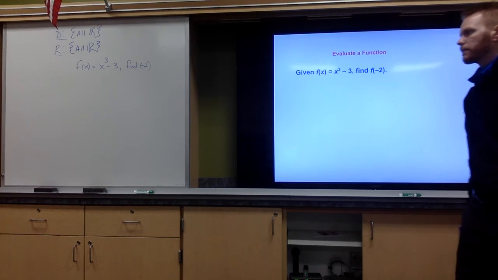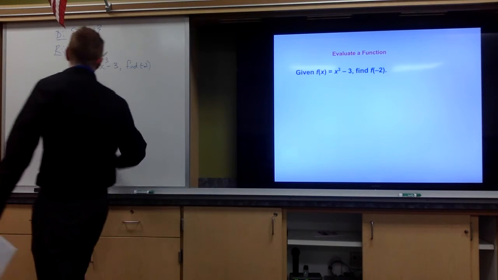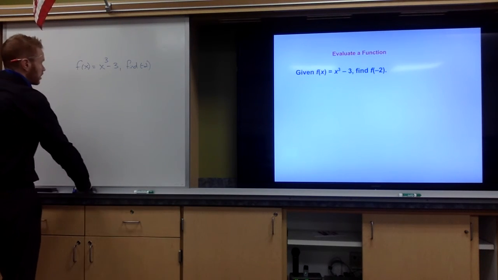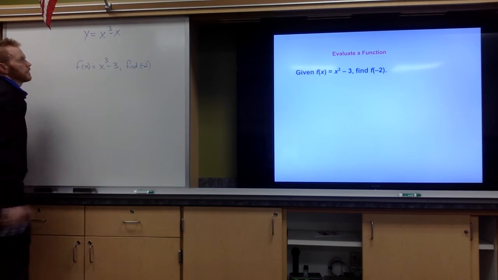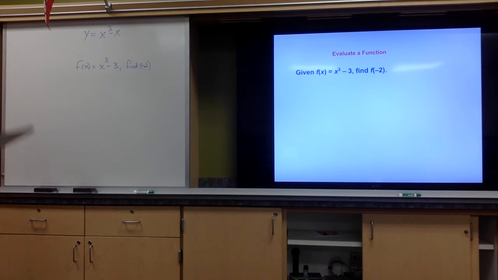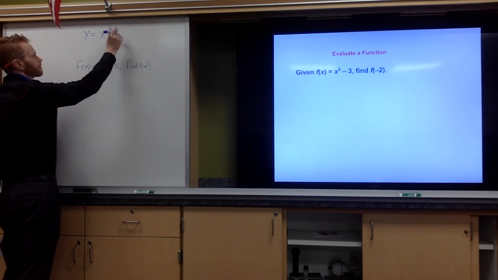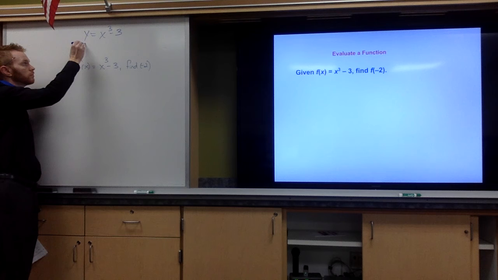So how do we evaluate a function? Well, let me take a step back. To this point, you were given equations that look like this. Y equals, told you I can't write. Y equals x to the third minus 3. Okay?